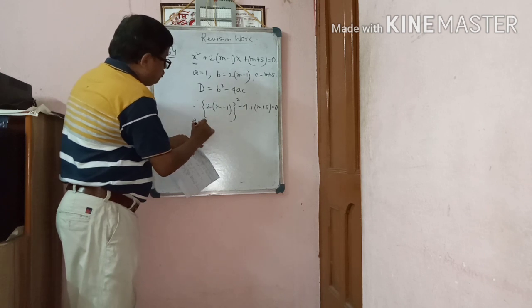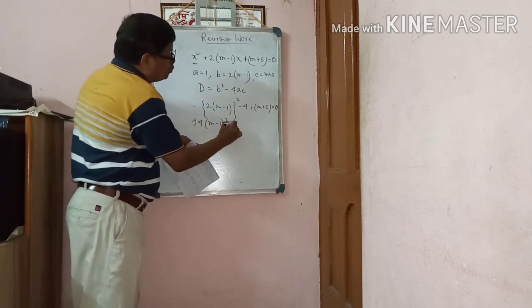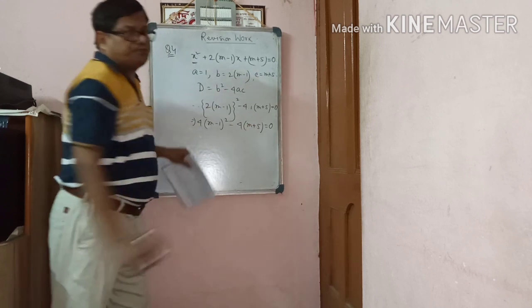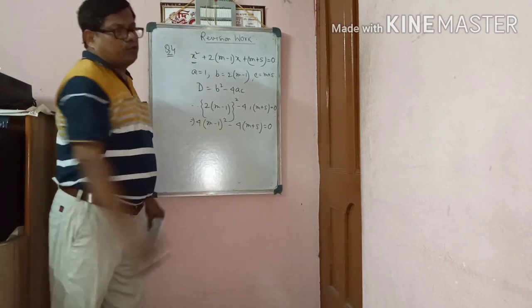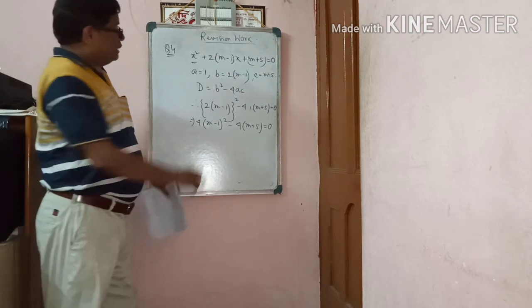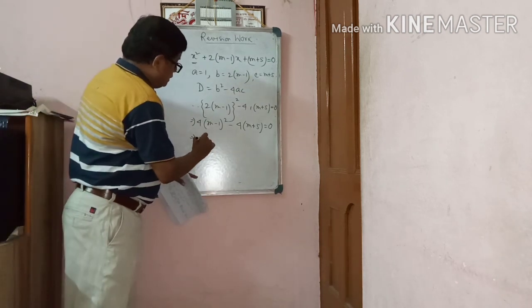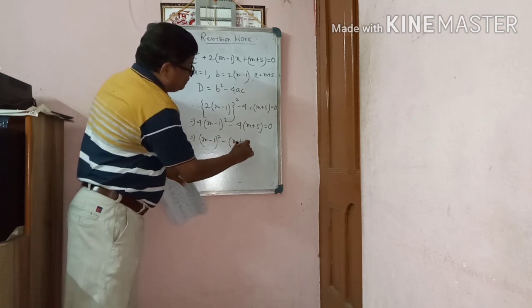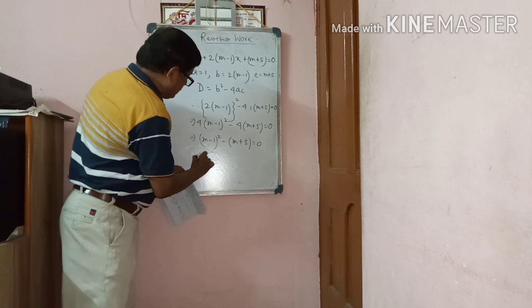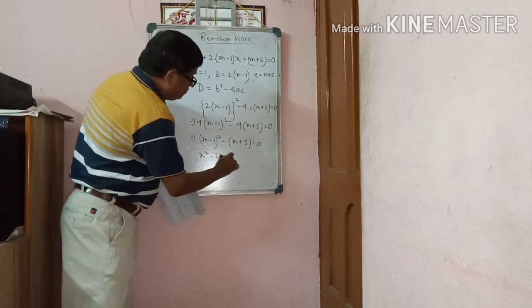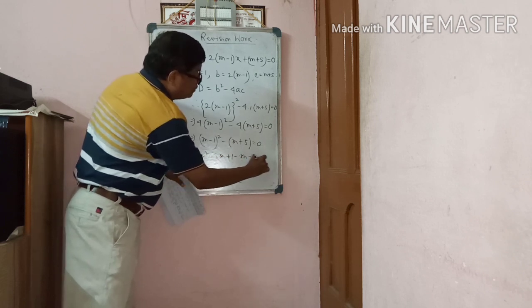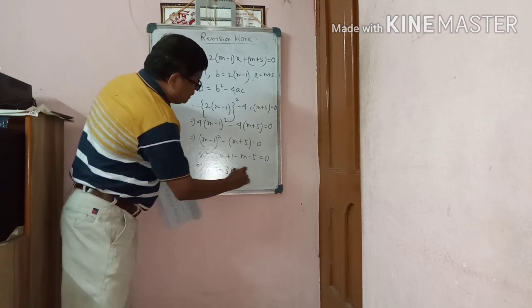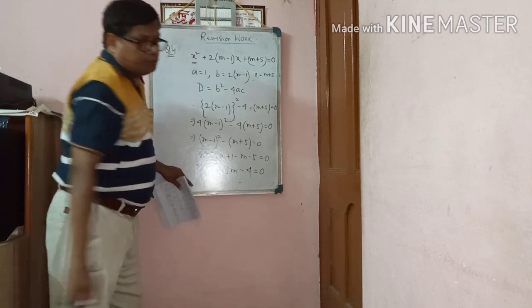So write 4 into m minus 1 whole square, 4 into m plus 5 equal to 0. Both sides 4 cancel, no need to multiply. So m minus 1 whole square minus m plus 5 equal to 0. So m square minus 2m plus 1 minus m minus 5 equal to 0. So m square minus 3m minus 4 equal to 0.